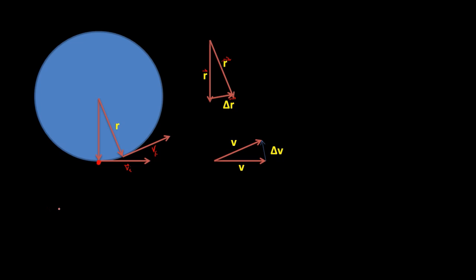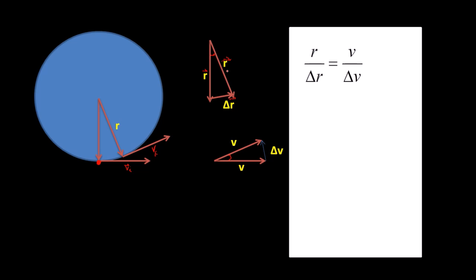What I want you to notice about these two triangles is that when I said they're similar triangles, I mean that quite literally, because this angle in here is the same as this angle here. These two are not the same length as these two because, of course, they're not even in the same units. One's in meters and one's in meters per second, for example. But they're both isosceles triangles with the same vertex angle, so they are in fact similar triangles, which means we can set up proportions of similarity based on what we learned in geometry class.